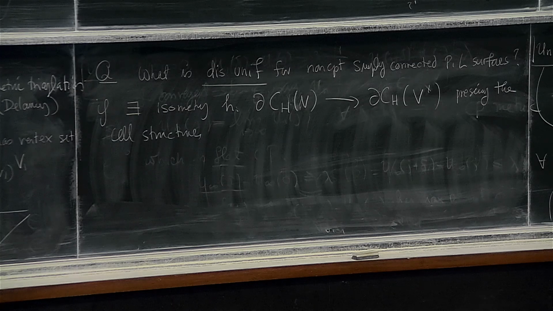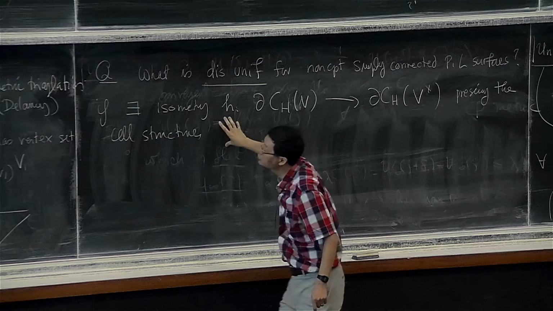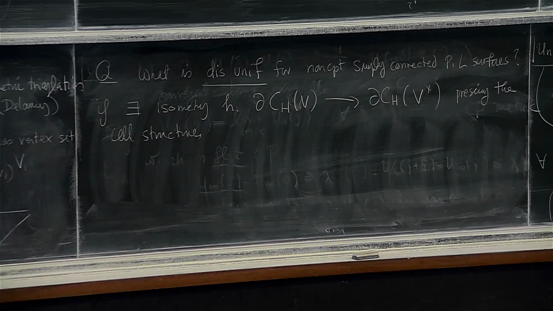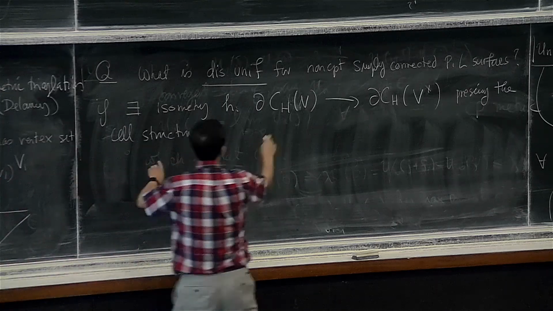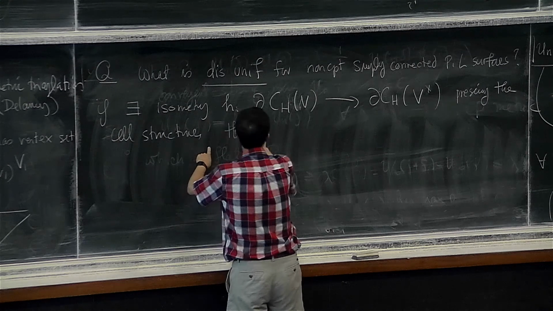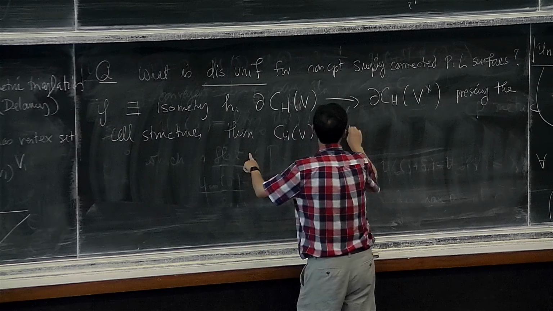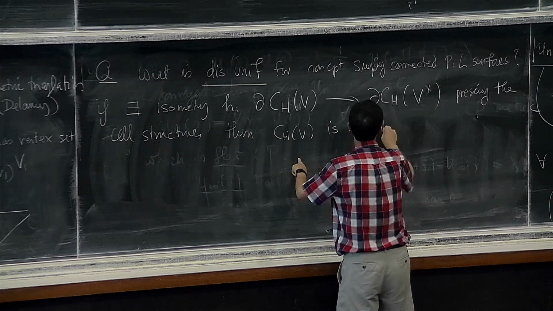So preserving cell structures, and this is a translation of the condition that it's discrete conformal. Then these two differ by just the scaling, and then the convex body is isometric too.